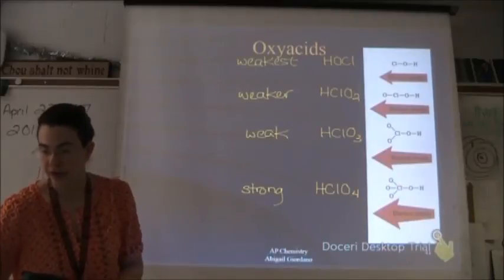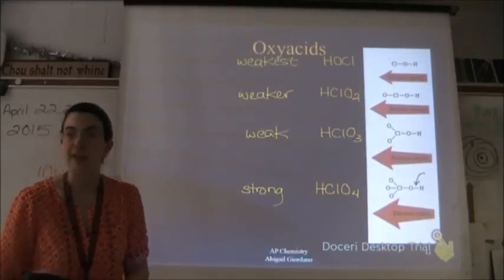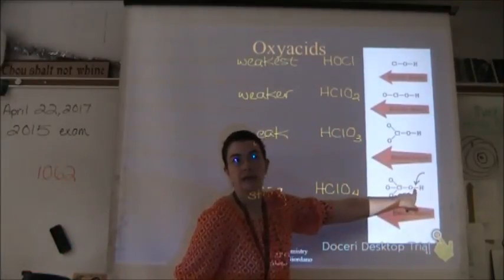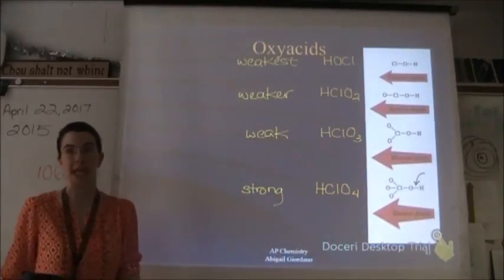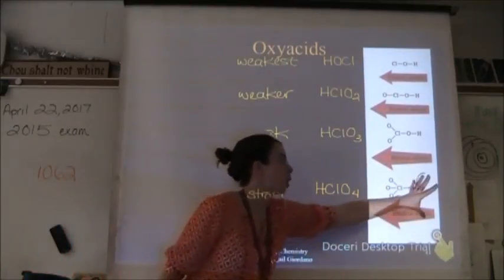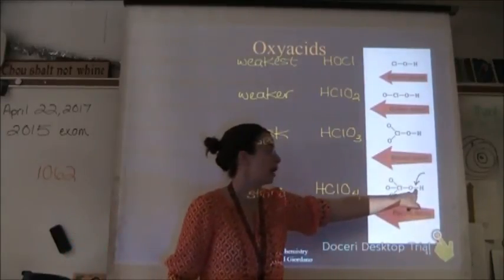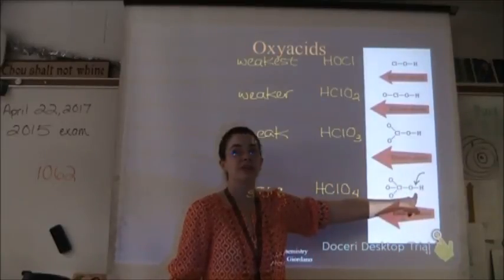Here's the result. It is leaving that bond right there very weakened. Pulling all of these electrons over to one side is causing that bond to become very weak. Now think about it, guys.